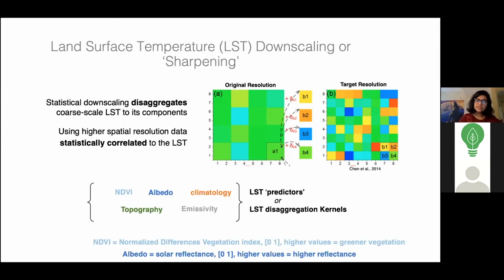So the representative temperature of any pixel is not the real temperature of that land block, but it is an aggregate and an average of all the surfaces that contribute to that temperature.